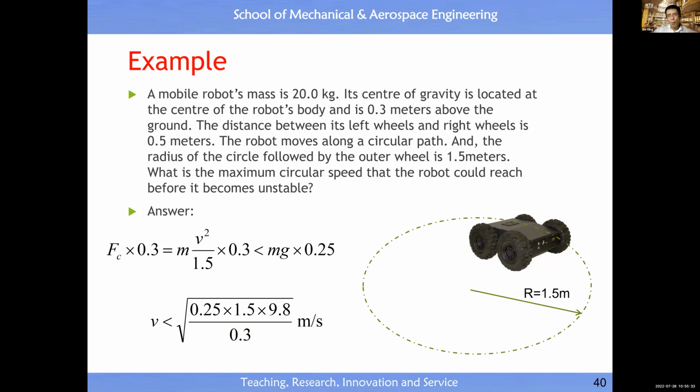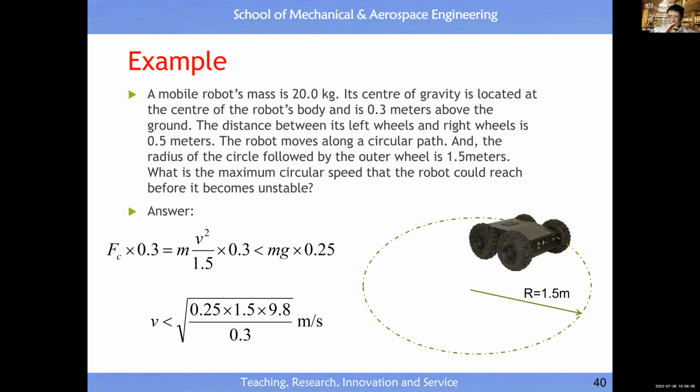But for a mobile vehicle, there's also a concern of stability when the vehicle moves along a circular path. Because when you move along a circular path, there's a centrifugal force. For biped walking, there's a gravitational force, which will cause instability. When you have a high-speed mobile robot moving along a circular path, there's a centrifugal force.